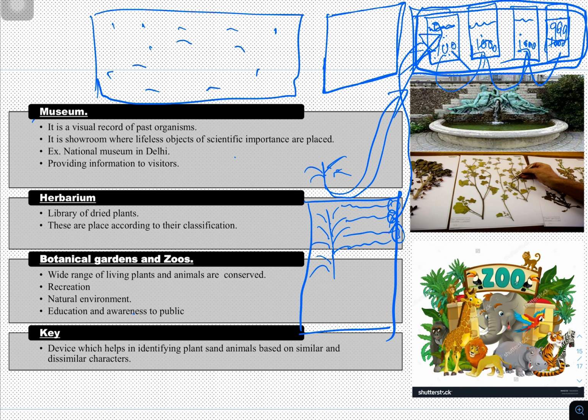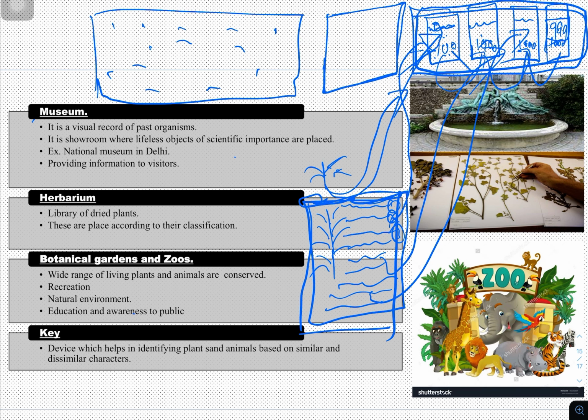If character 4, character 5, character 6 are present, then go and search in book 2. If character 7, character 8, character 9 are present, go and search in book 4. So this helps me to search for a particular organism in the largest floras and faunas.